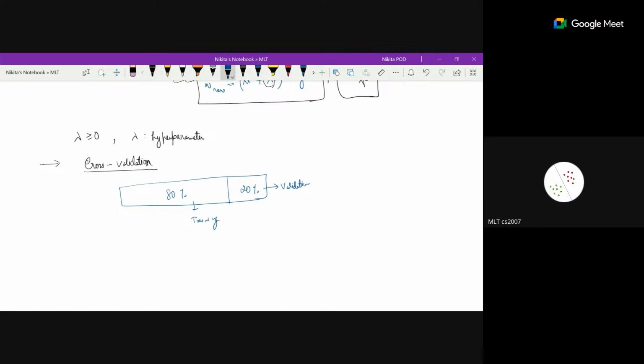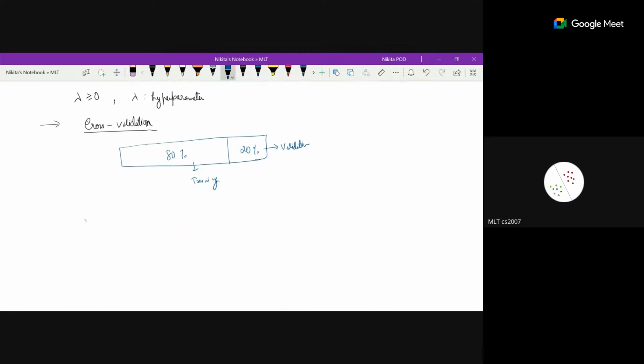So the two very popular cross validation techniques that are being used are k-fold cross-validation and leave one out cross-validation.